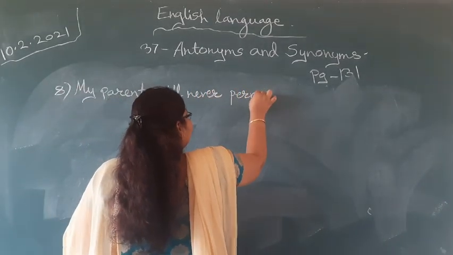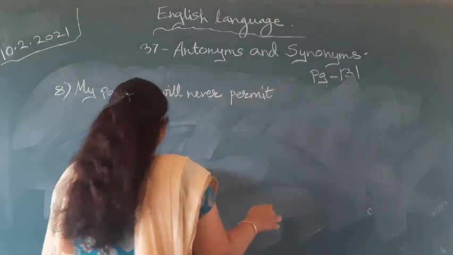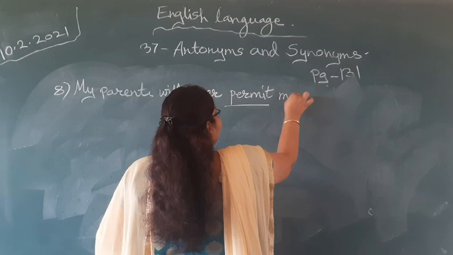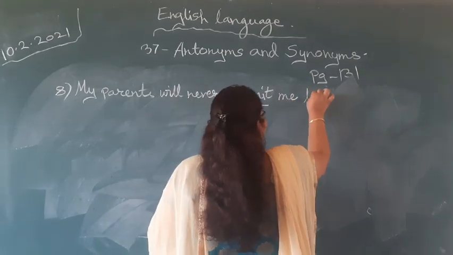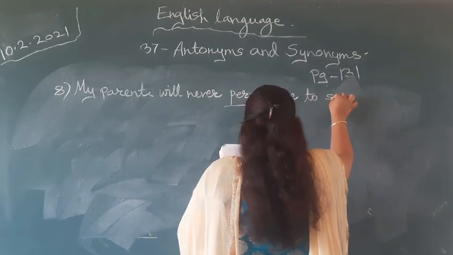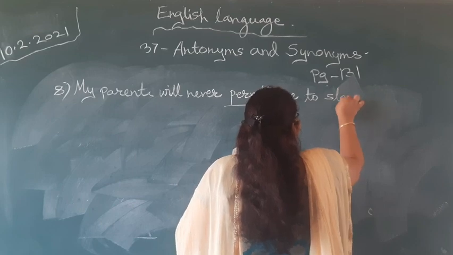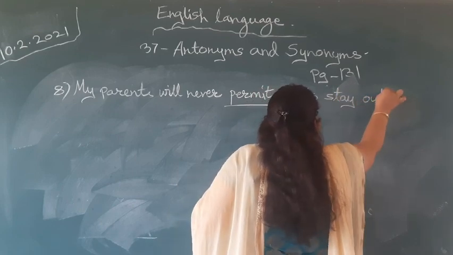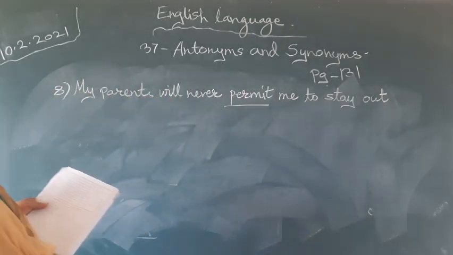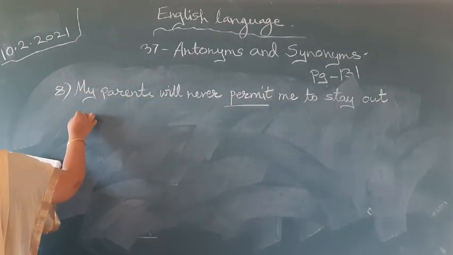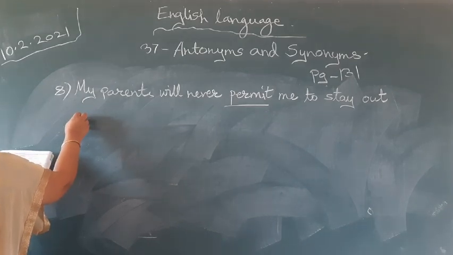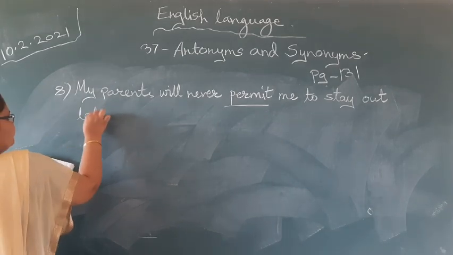Permit means permission. If we say it in Hindi, it is anumati. When you go somewhere outside, you have to take permission of your parents. Without their permission, we don't go outside. That is called as permit. You ask your parents whether you should go out or not. That is the meaning of permit.